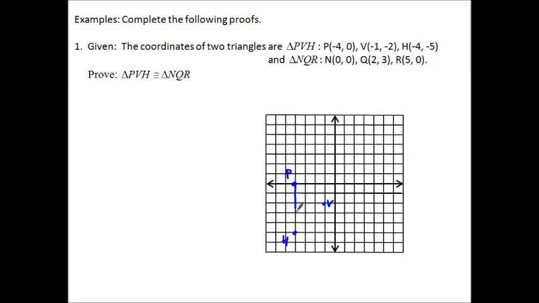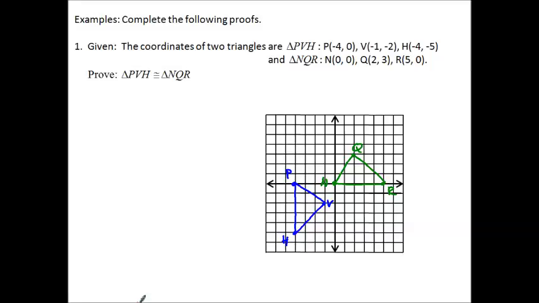And here is my nice triangle. Now let's plot triangle NQR. The point N is at the origin, 0, 0. Q is at 2, 3. And R is at 5, 0. And this is my triangle NQR.